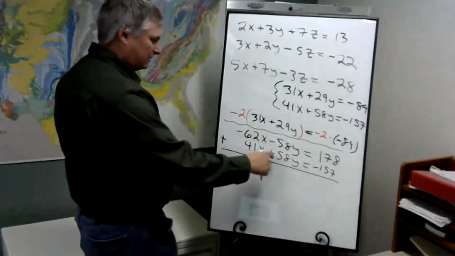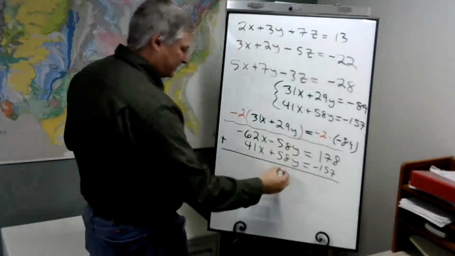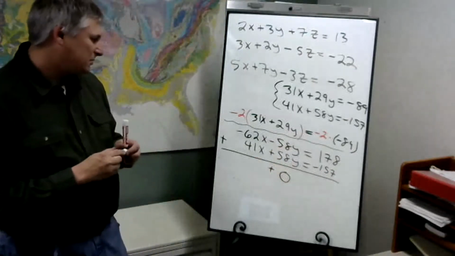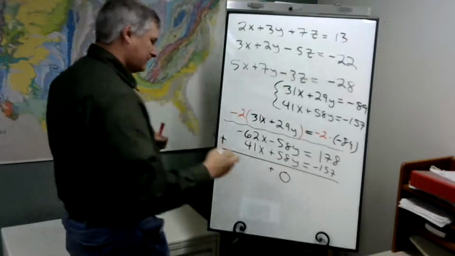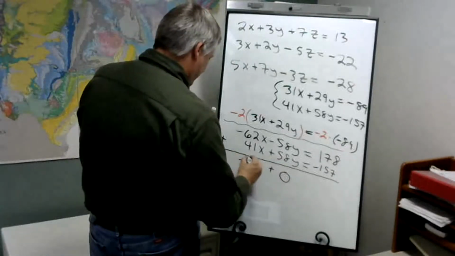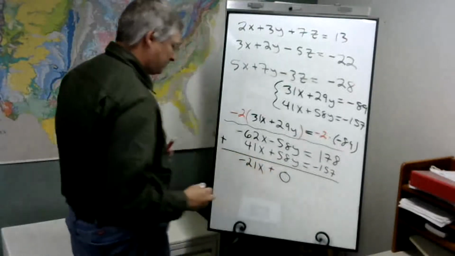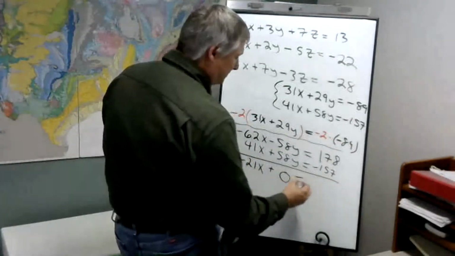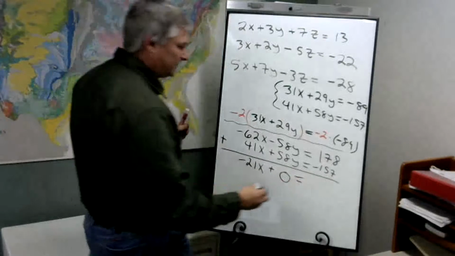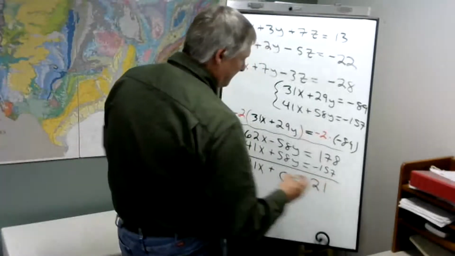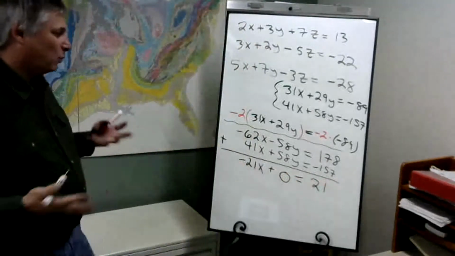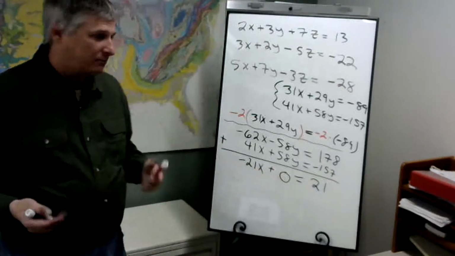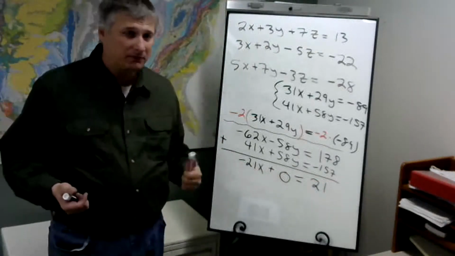So what will happen? This will cancel. This will be 0. And then minus 62 plus 41, well, that's going to be minus 21x. Double check that. All right. Equals, and this is going to be positive 21, because 178 minus 157 is the same as 178 plus negative 157.